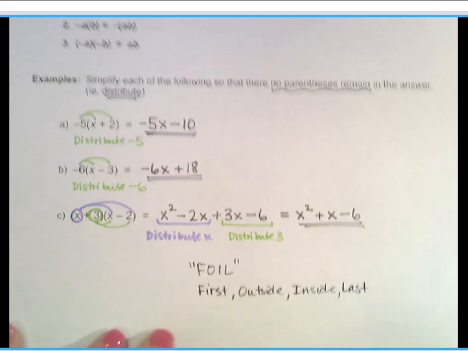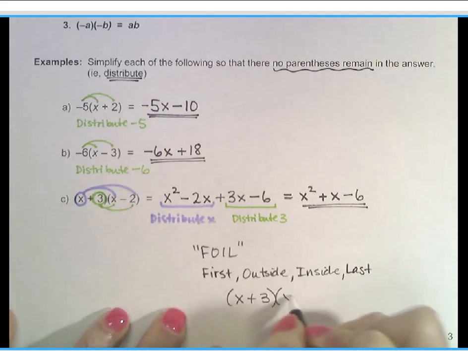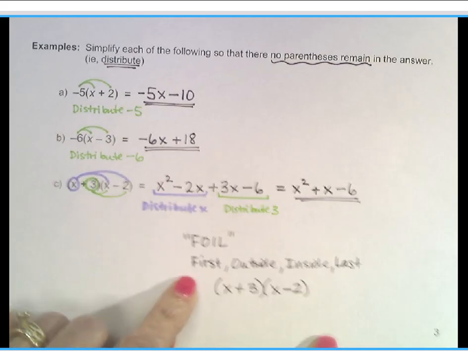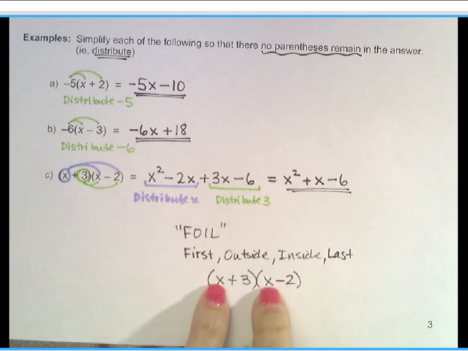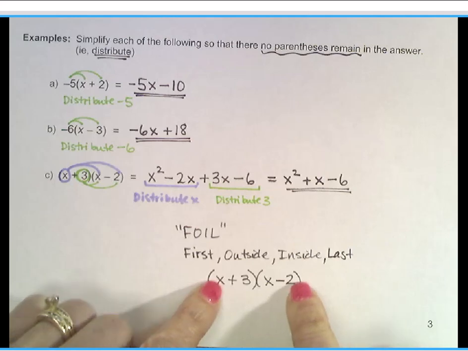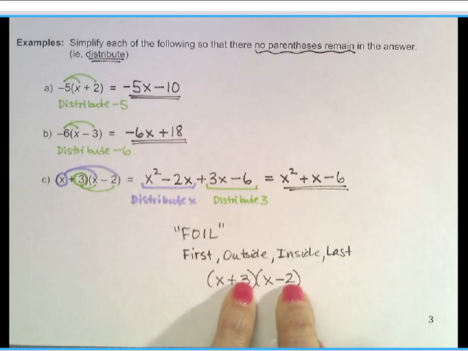So when you have something like x plus 3 times x minus 2, right, that's what we were multiplying. First you multiply the first terms, the x and the x. Then you multiply the outside terms, the x and the negative 2. Then you multiply the inside terms, the 3 and the x. Then you multiply the terms that come last in each piece, the 3 and the minus 2.